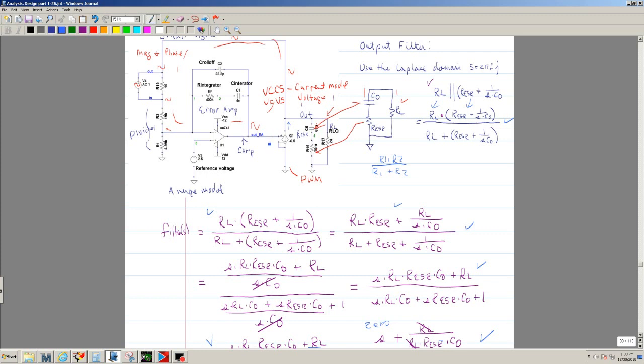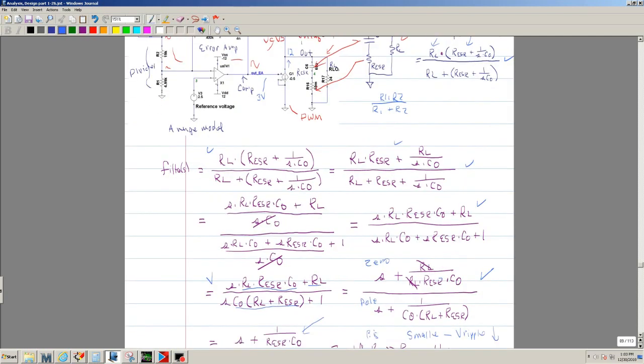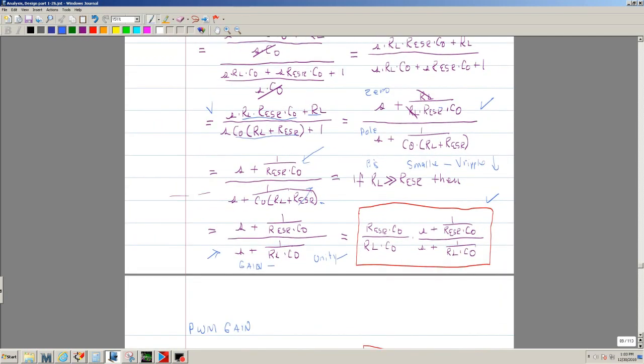What we want to do is set this to 3 volts, because typically that's what the voltage coming out of the comp pin will be, about 3 volts. So in this example, I'm using this 12 volts. So the gain from here to here, from the input of the PWM, is 3 volts, and the output of the PWM is 12 volts. So the gain is 4 for the PWM. So that's what this equation is.